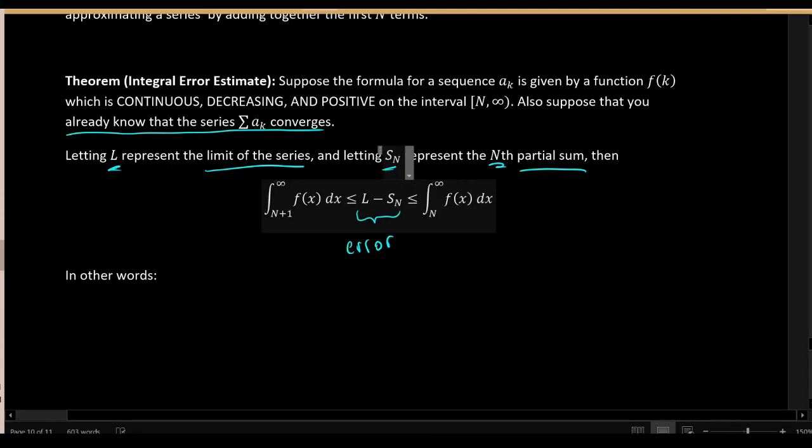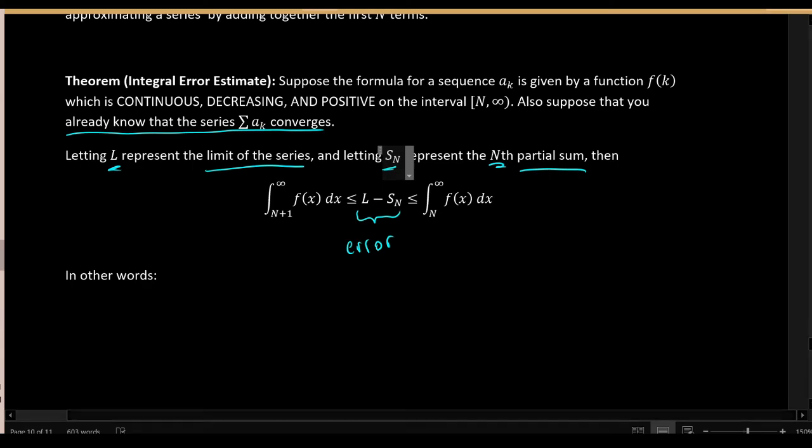The difference between the real limit and the one that you estimated, in other words, the error in your estimate, is squeezed between two numbers. The error can never be worse than the number that you get by integrating the function from n to infinity. But the error will always be worse than the number that is equal to the integral from n plus 1 to infinity.